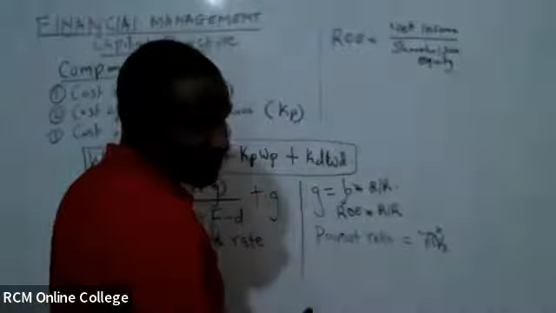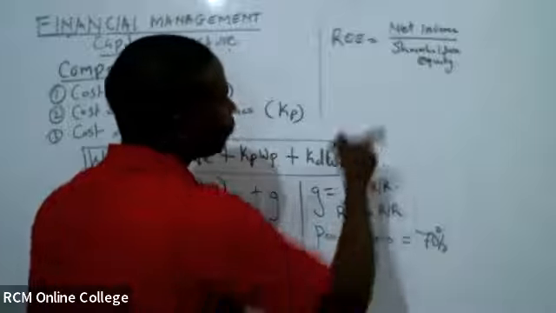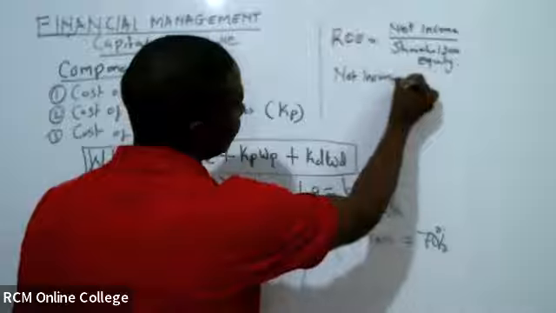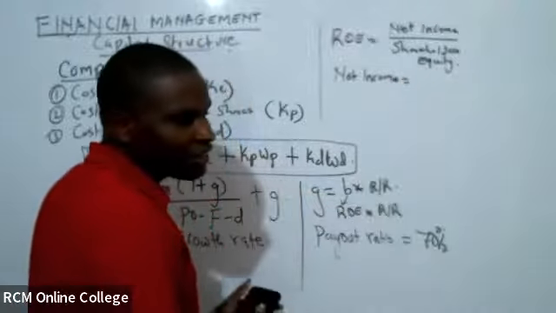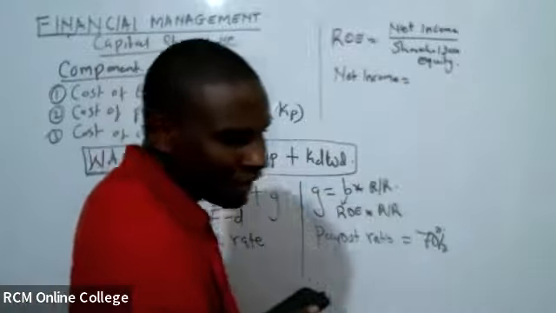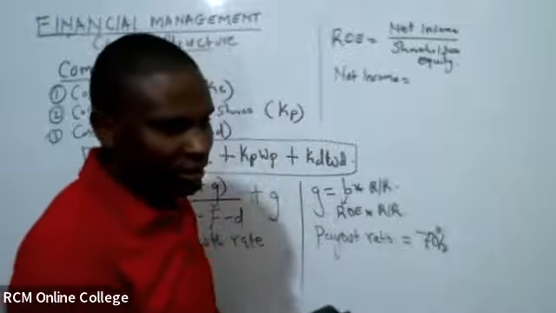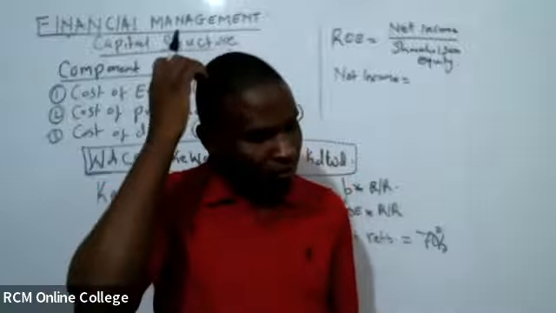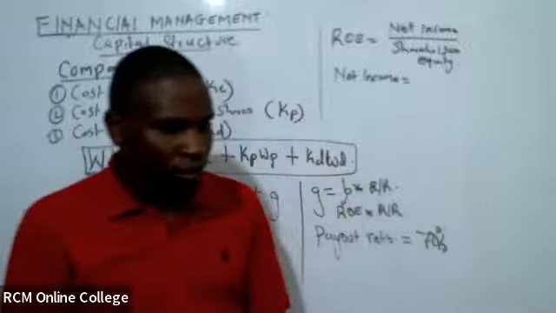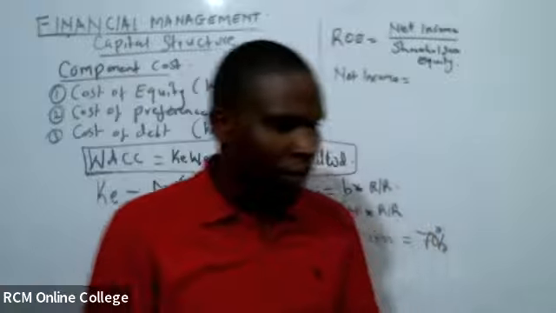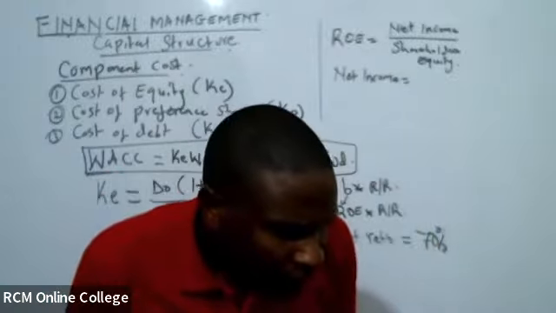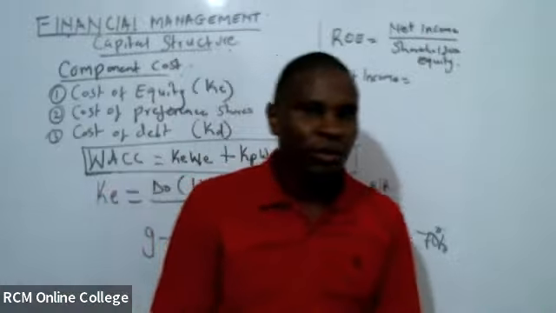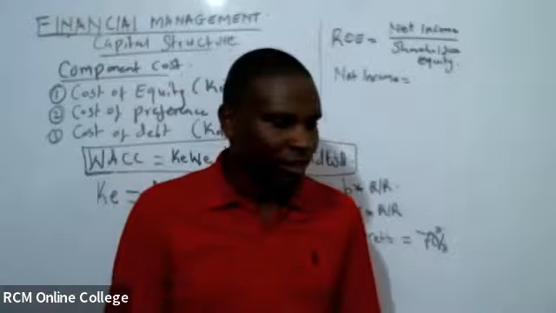Another thing arises, net income. How do we arrive at net income? Sasa hii ni rahisi. How do we get net income? Net income tunapata namna gani? I don't want to mention anyone here. Operating income less interest and tax. Okay, that is when you have the income statement items.